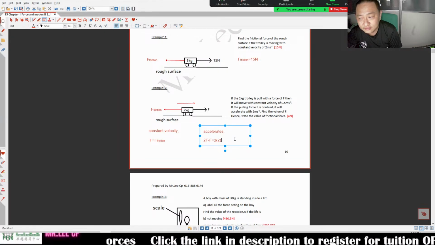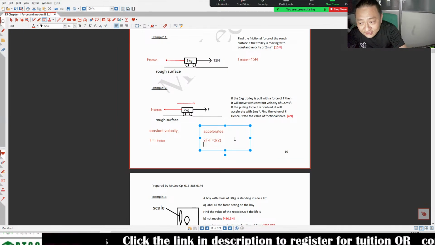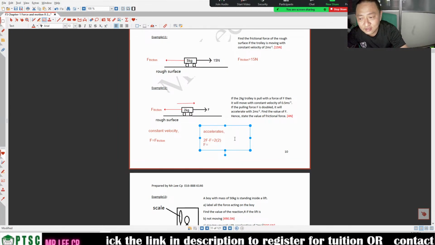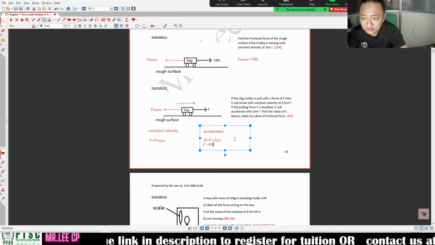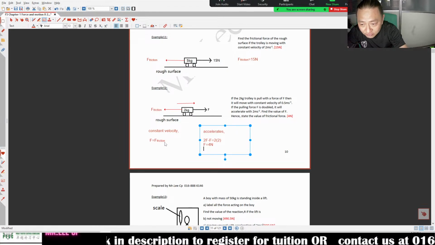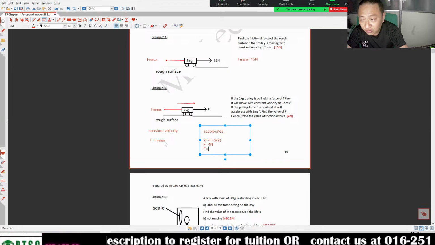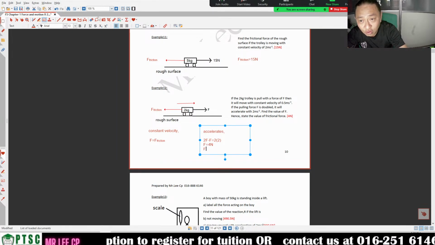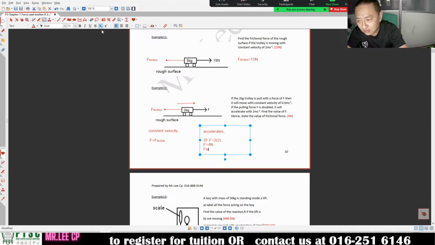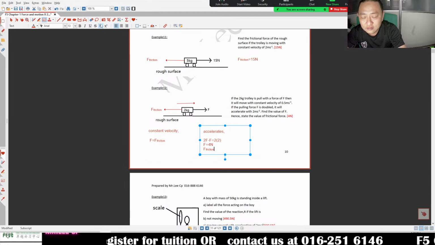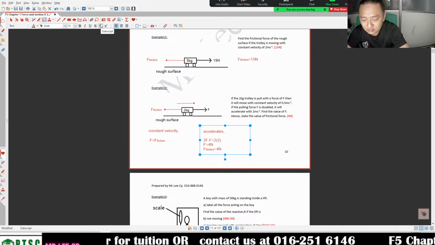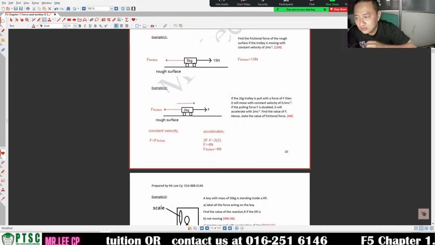Do you understand? 2F minus F is F. F is equal to 4 Newton. So we know that F is equal to friction, so friction also equals 4.